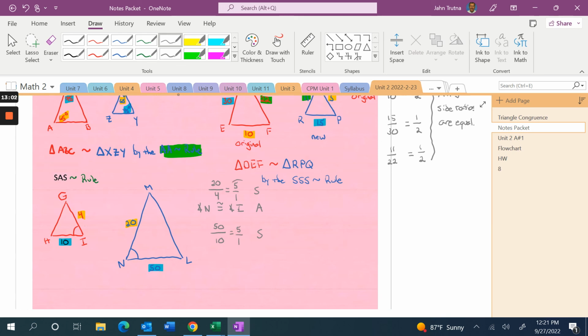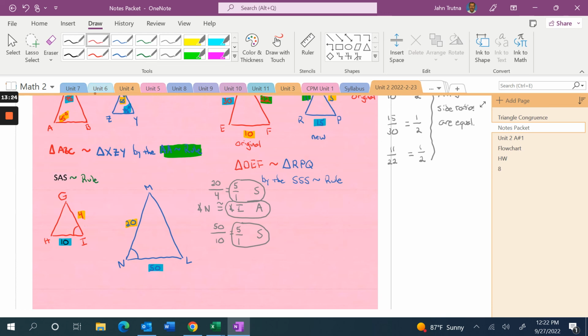So if you notice, we have a pair of equal side ratios, another pair of equal side ratios, and then we have a pair of equal angles. Okay, so this would be an example of two triangles that are similar because of the side angle side similarity rule.